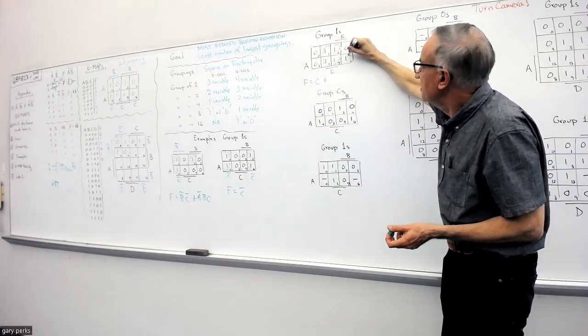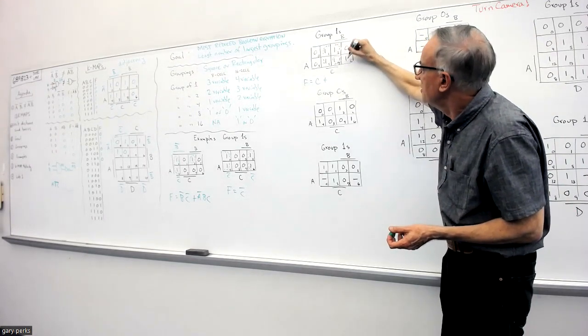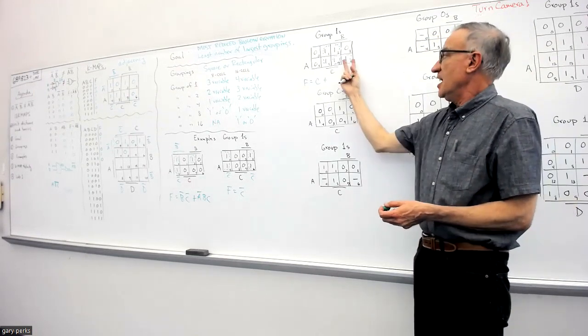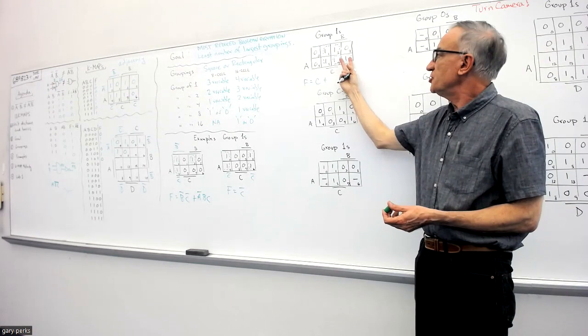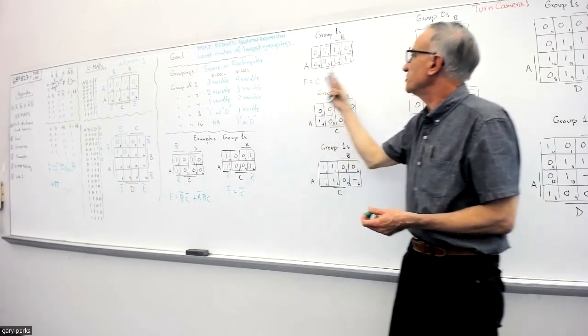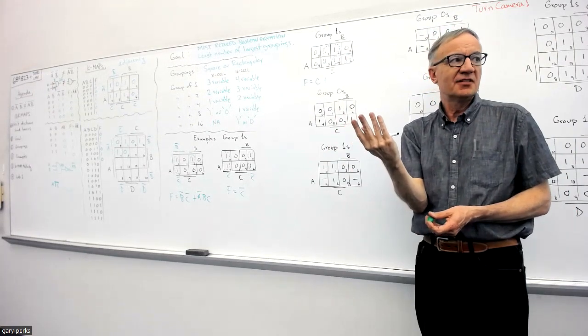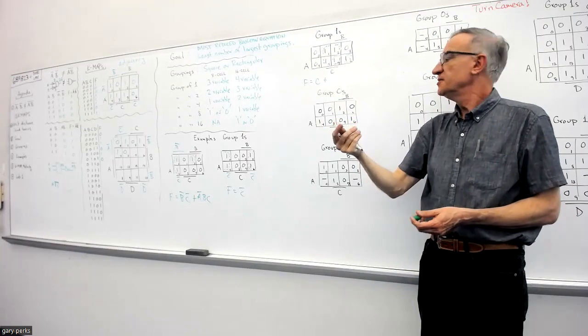We can group this one in the 6 cell with this one in the 7 cell. We would want to do that to get a more reduced expression, right? Because a group of 2 is going to give us a 2 variable term, where a single grouping would give us a 3 variable term. Okay, so you can overlap groups.